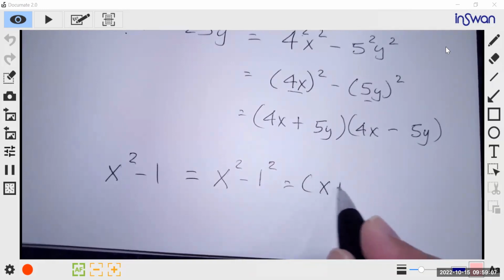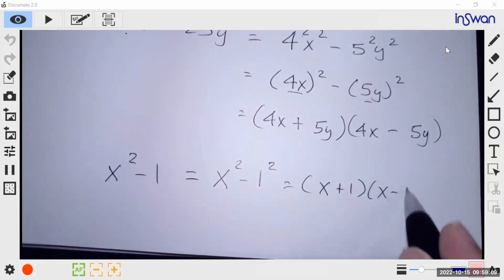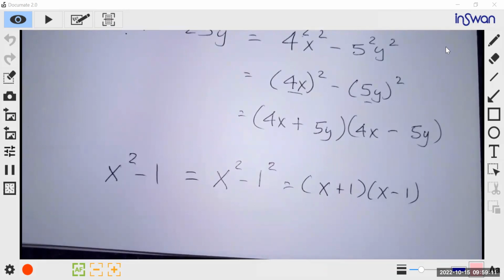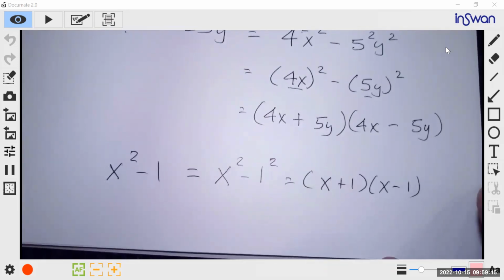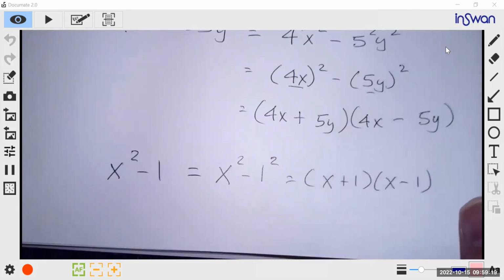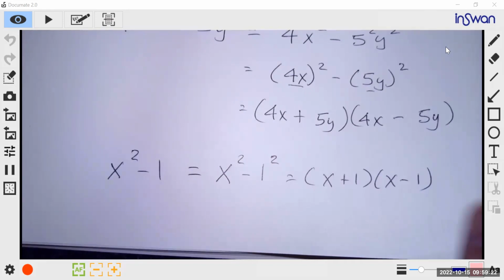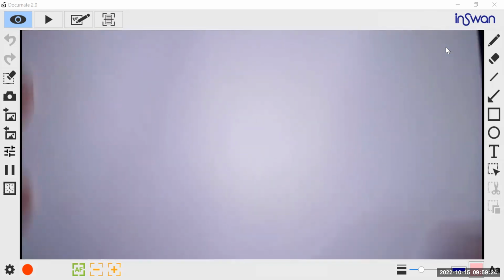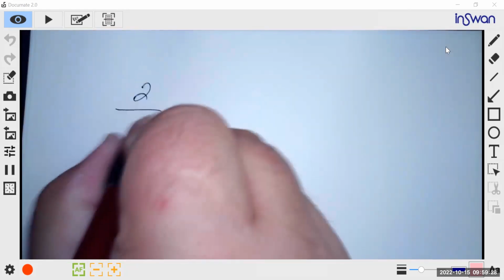So it's x plus 1, x minus 1. Because you may be faced with equations like this.